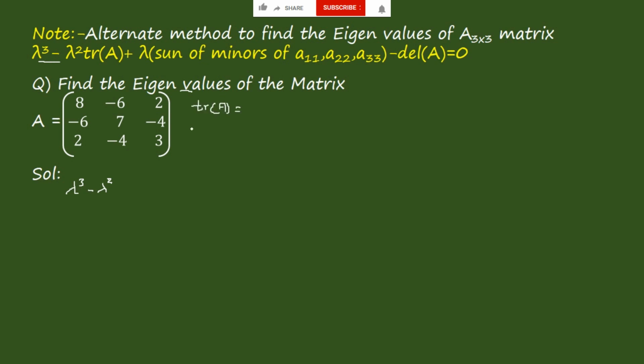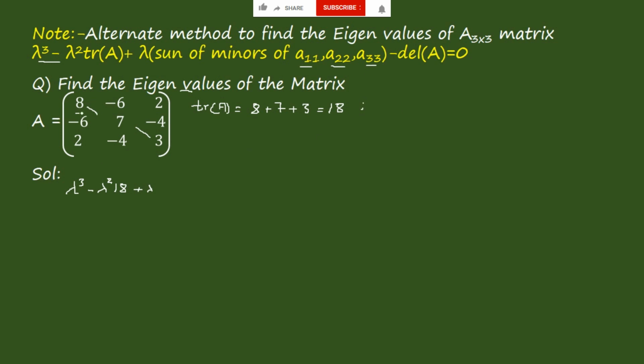It is equal to the sum of the principal diagonal elements. So it becomes 8 plus 7 plus 3, which is equal to 18, right? So it is 18 plus lambda times the sum of the minors of A11, A22 and A33, which we define one by one.